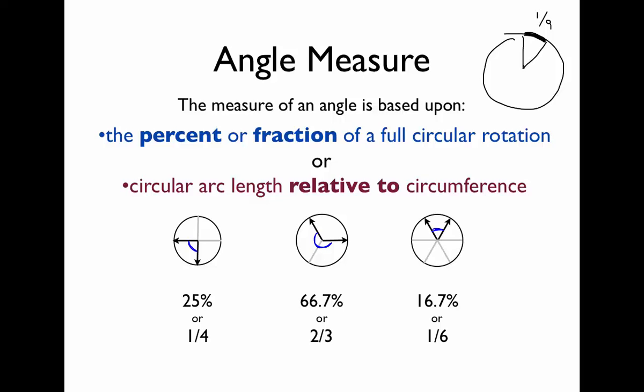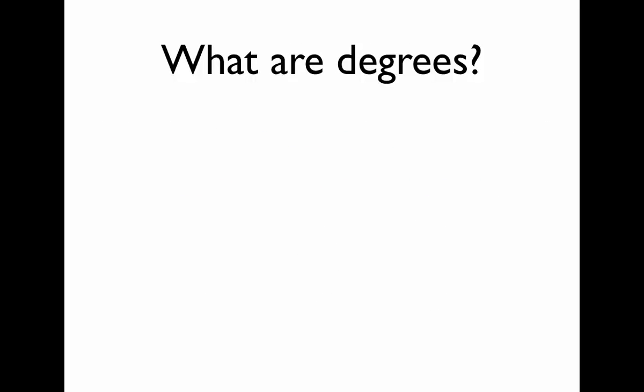Okay, so now that we have this underlying idea that angle measures can be based on percent of the circle or fraction of the circumference, we can talk about degrees. What are degrees? Turn to the next page, 260.